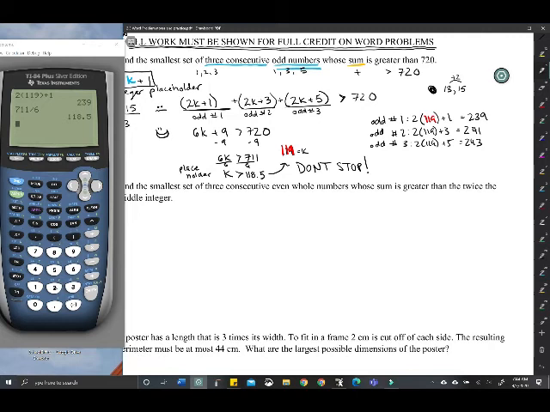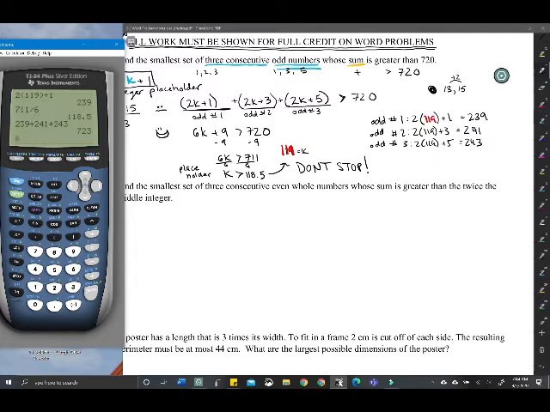So 239 plus 241 plus 243 is 723, greater than 720. Now, just to show you, let's say we picked a different k value, let's say we picked 118.